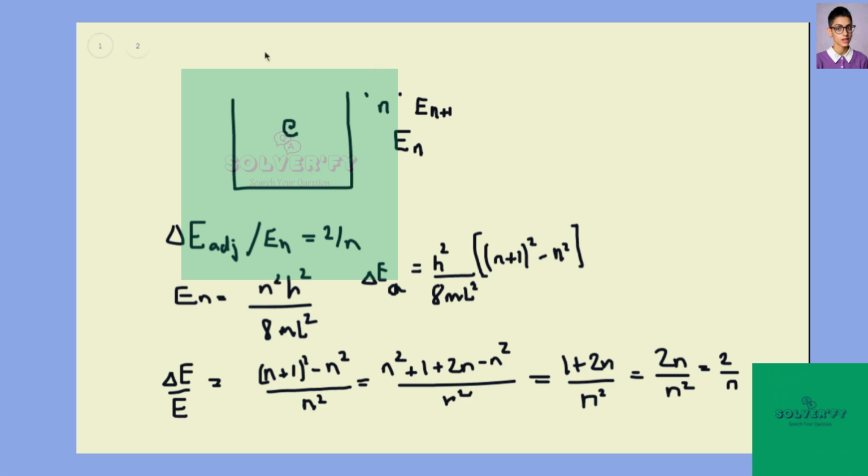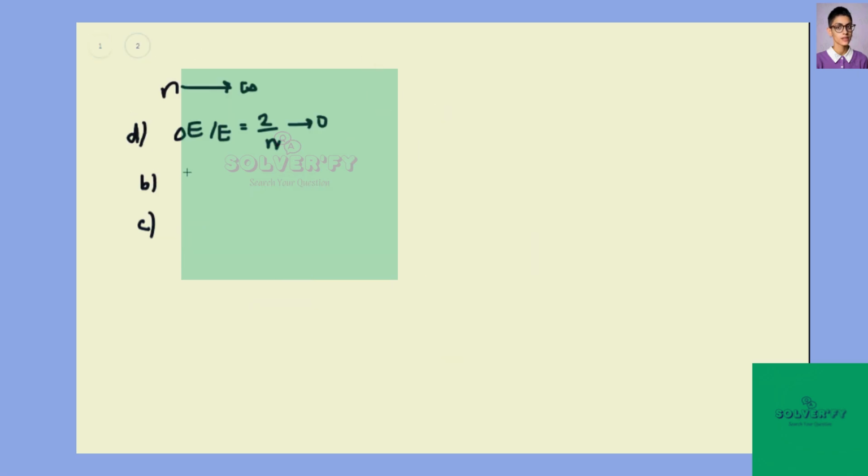So the answer for B should be that delta E does not tend to 0. Similarly, we can also see that since E is directly proportional to n square, as n tends to infinity, this does not tend to 0.